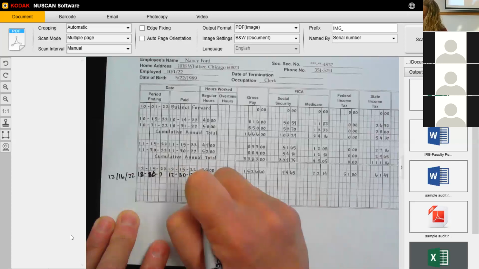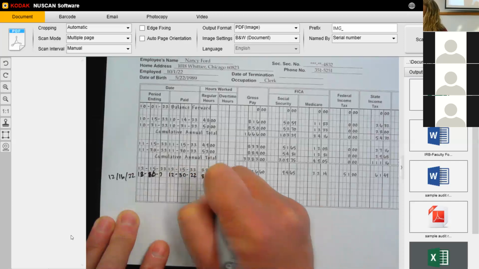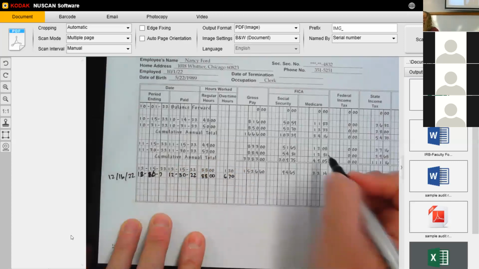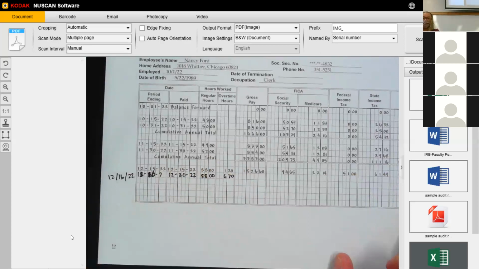She worked 88 regular hours. She worked 6.7 overtime hours. And we can just populate these numbers with the numbers that we just calculated.